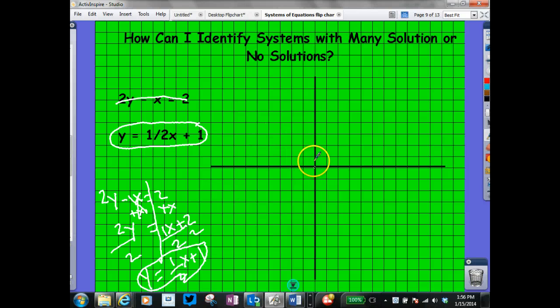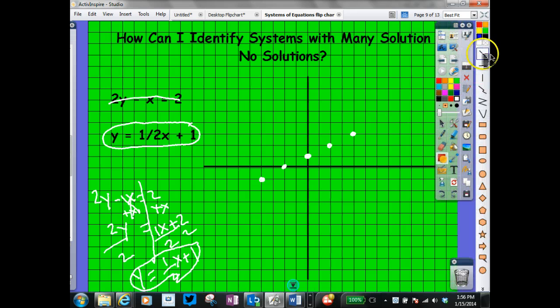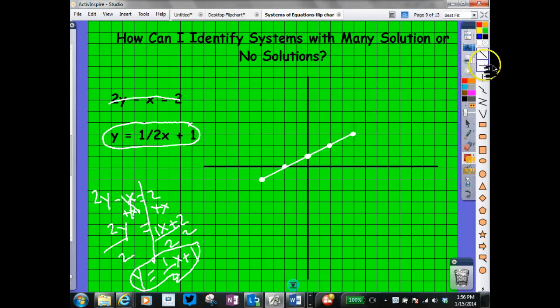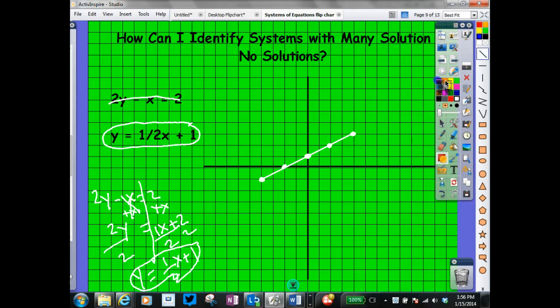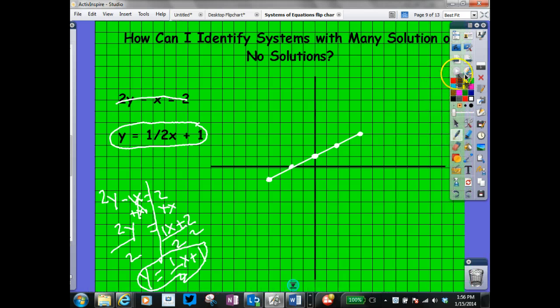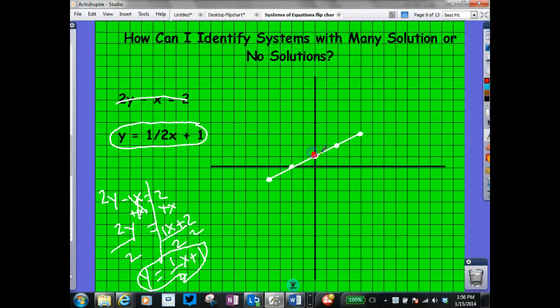Let's graph it. I just want to show you here. Go up 1, and I can say up 1 over 2. And then graph the other one, it's going to be the exact same thing, so you'll see there.